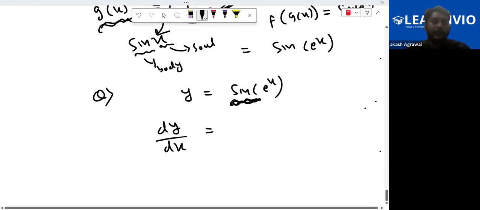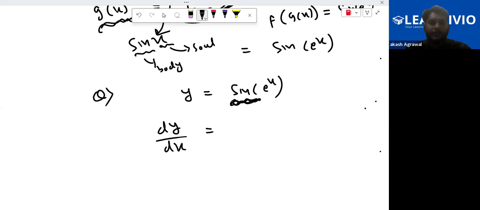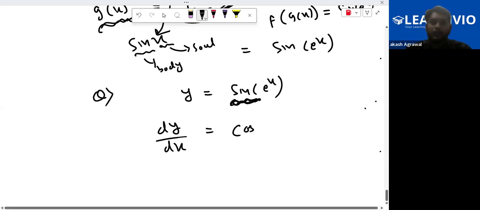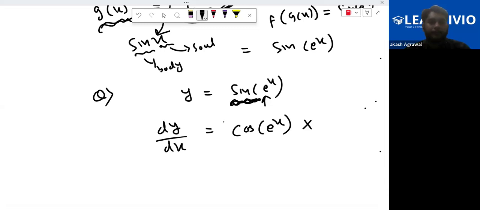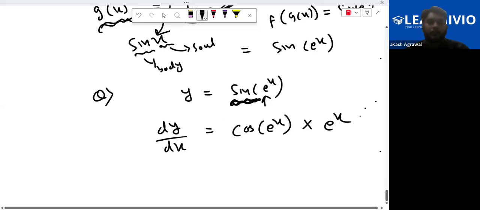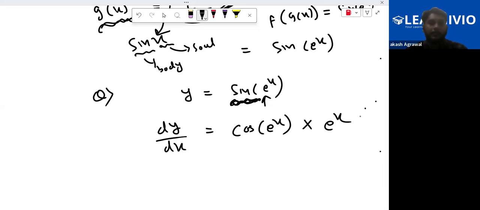What is the differentiation of sine? Cos. Very good. We did not touch the soul yet, we just looked at the body. Multiplied. Then we attack the soul. What is the differentiation of e to the power x? Got it? This is the differentiation. Yes or no, everyone?